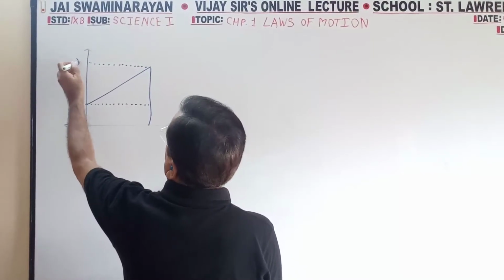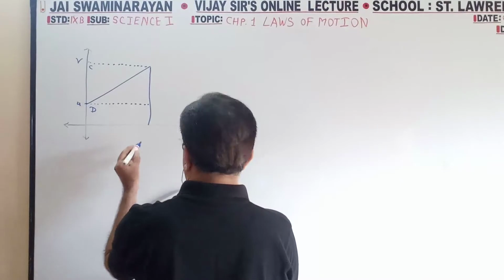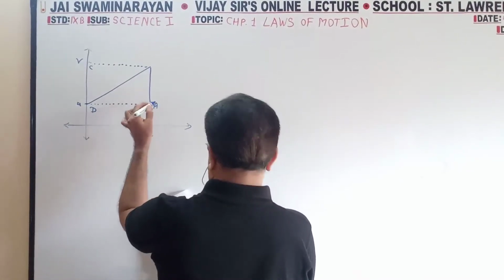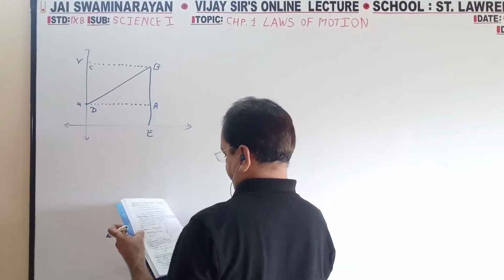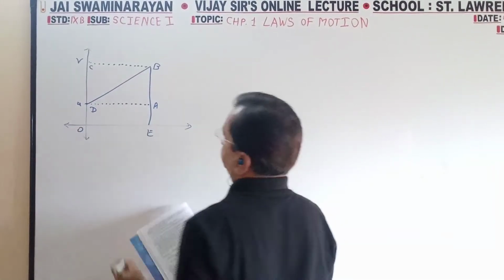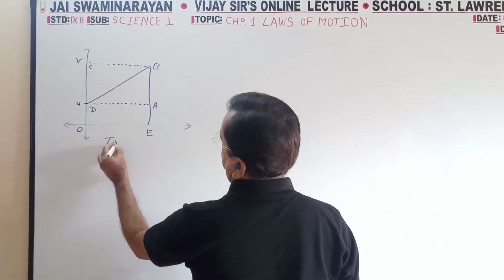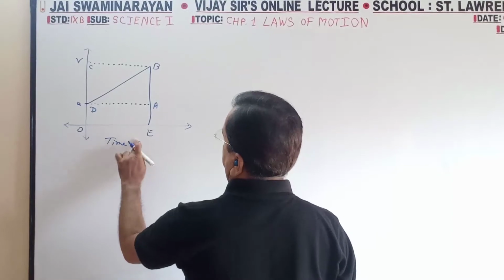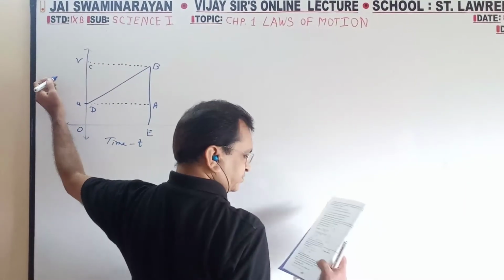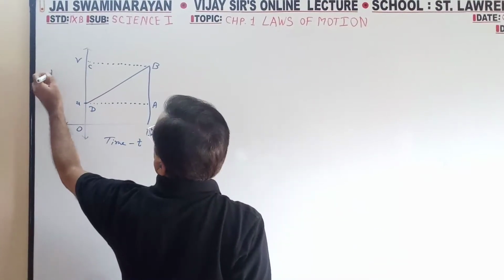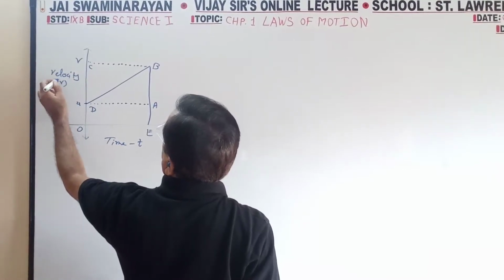So this is V. The coordinates are D, E, B. This is O. So this is time T, and this is velocity V.